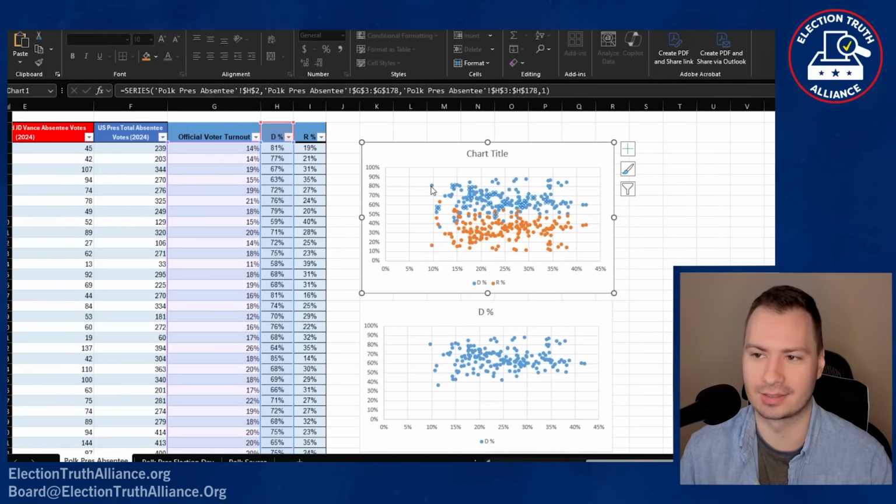Each of these dots, there are 2 dots. There is a red, or in this case, an orange, and a blue dot per precinct. And that's what it's showing, as we're seeing here. At this precinct where there was only 10% turnout, the Democrats got 80% of the votes, and the Republicans got somewhere around 18, 19%, 17%.